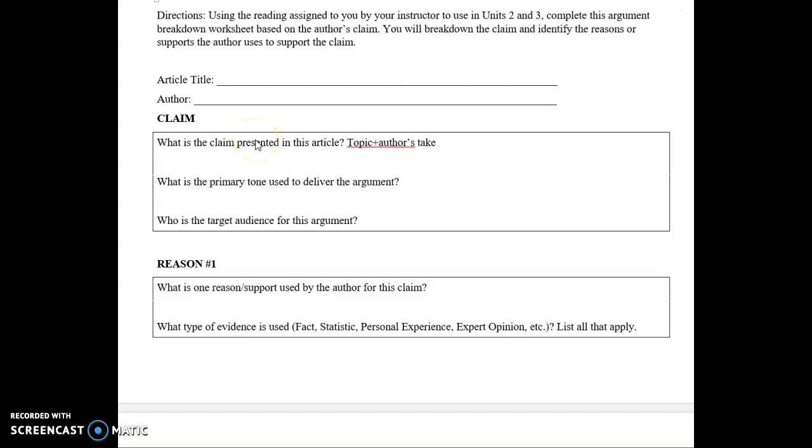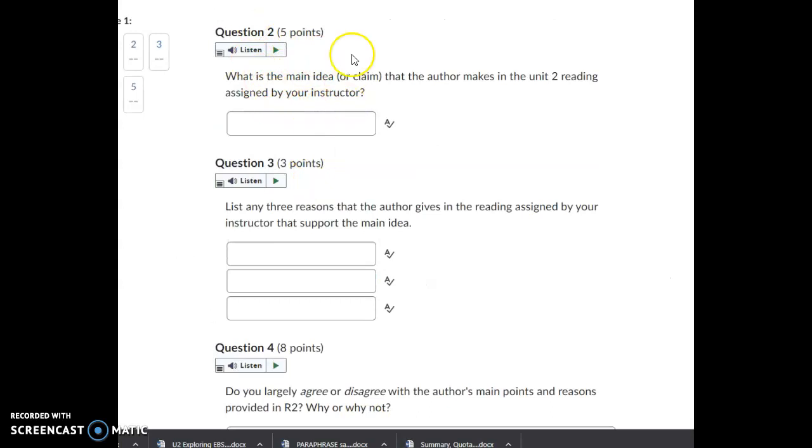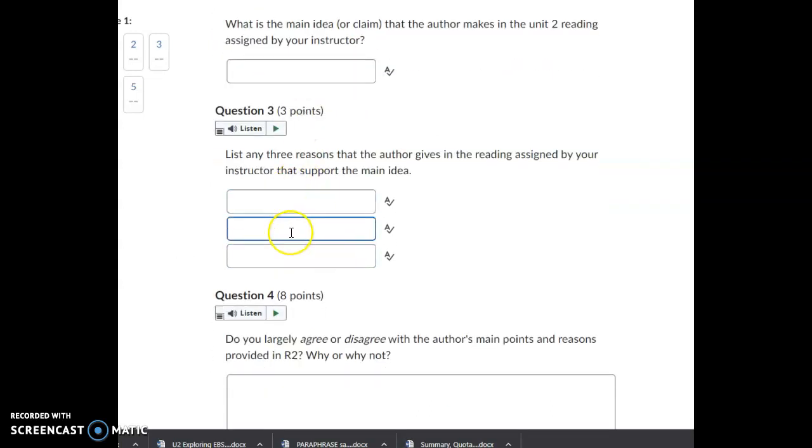And if you'll recall, this is something that you worked on a little bit already in a less formal setting for the quiz that you took in Unit 2, the Unit 2 comprehension quiz. If you want to go back and look at your submissions for that, you can see that one of the questions asked on that quiz, let me see if I can pull it up for you, is: what is the main idea or claim that the author makes in the Unit 2 reading assigned by your instructor, and list some reasons that the author gives in the reading.